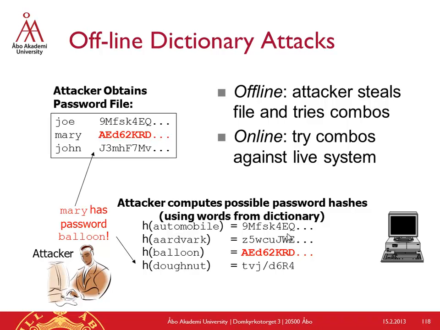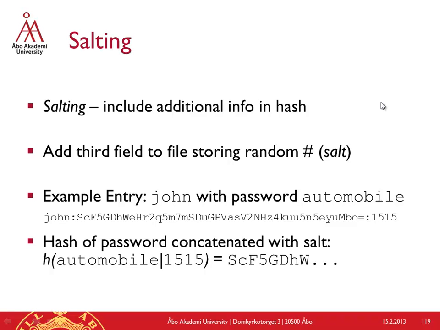According to this, there are two kinds of attacks: offline, when the attacker has all the password hashes in a file on his computer and can use brute force on his own computer; and the so-called online attack, when the attacker has to submit his requests to the server because he is unable to get these hashes on his computer.